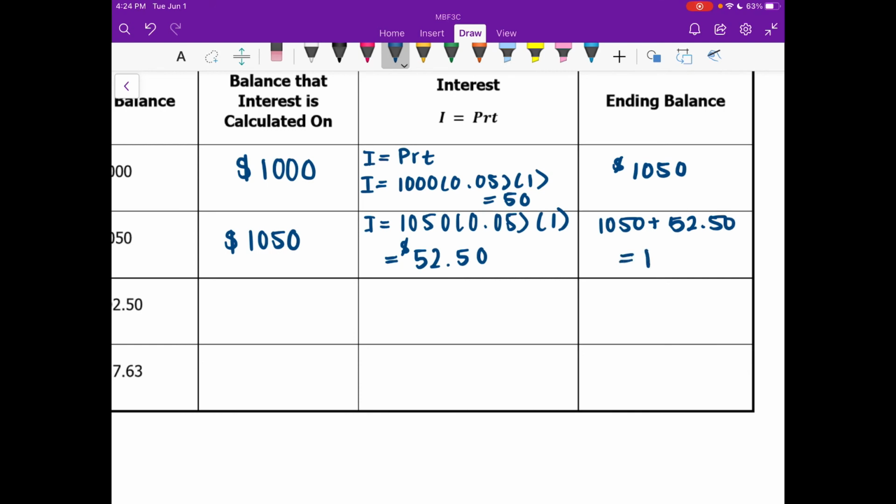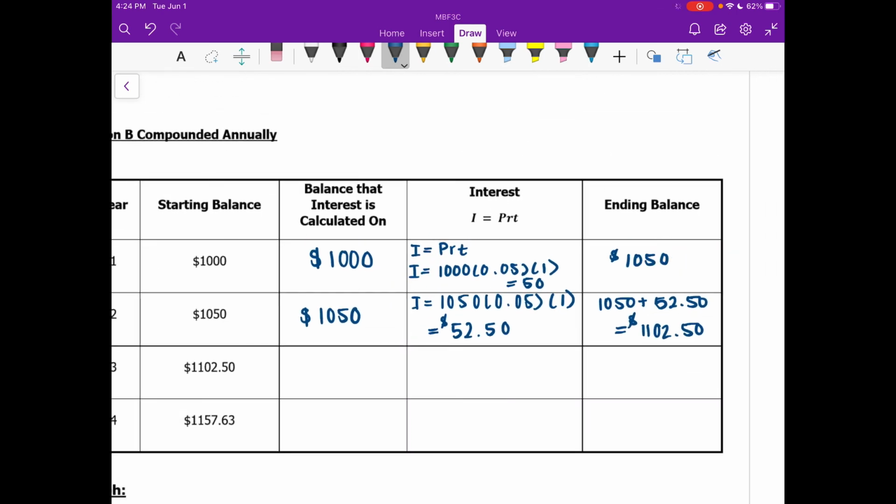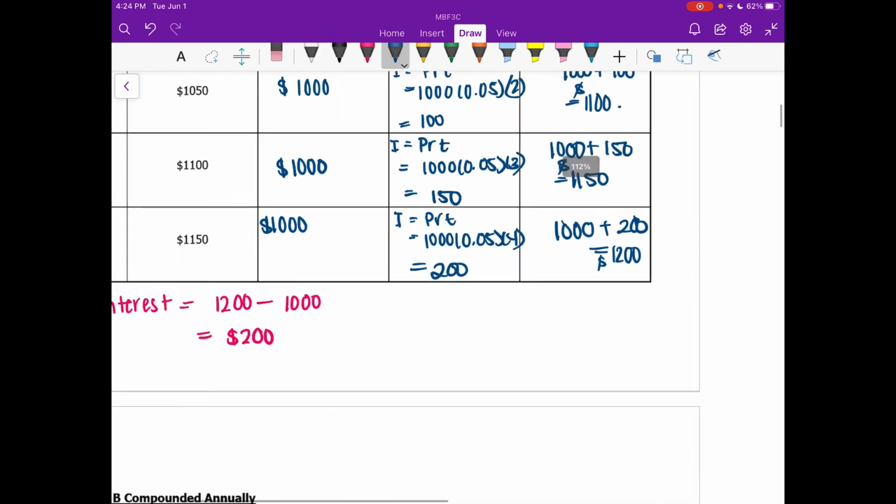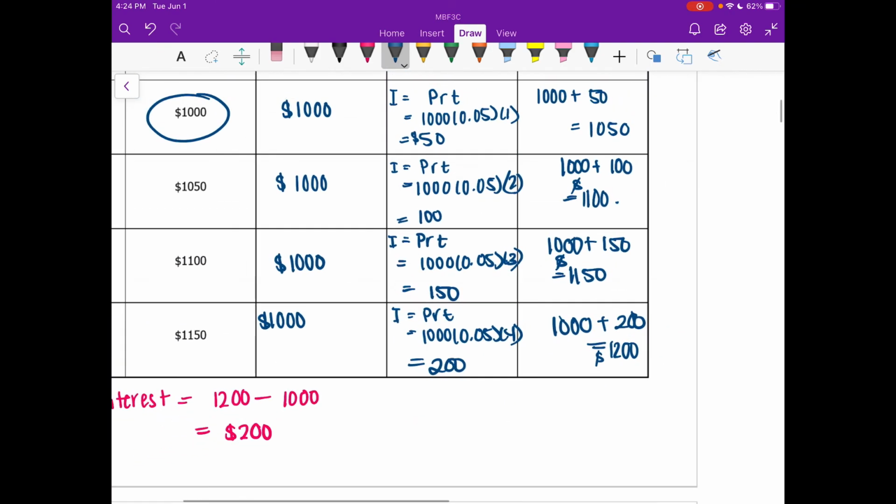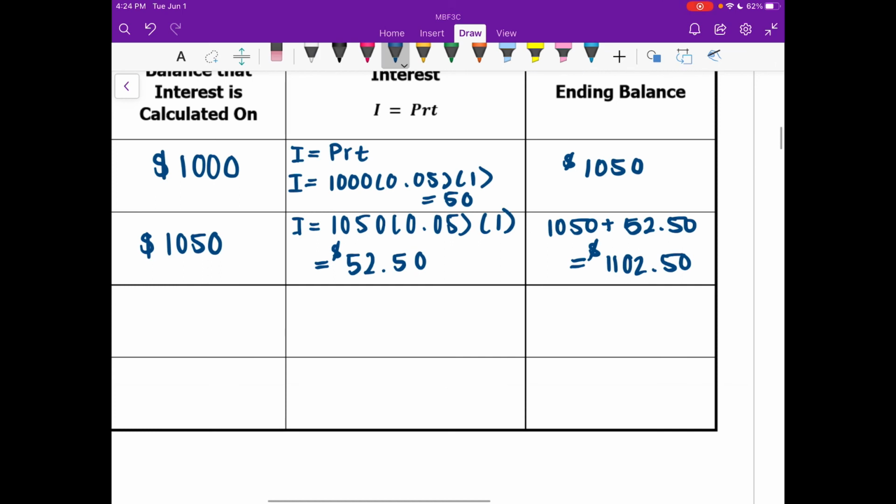So my new ending balance is going to be 1102.50. Notice how it's already more than it was here, right? Because here it was 1,100 and now it's 1102.50, and I know it's only $2.50, but it's already more.